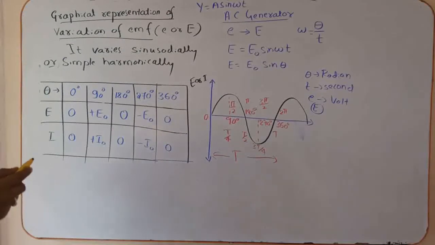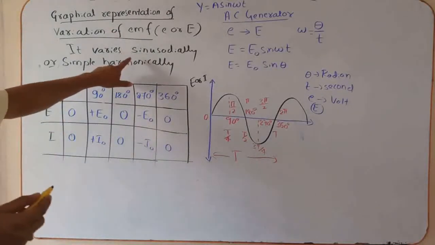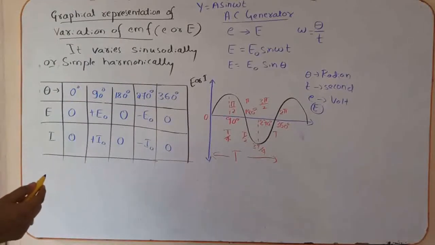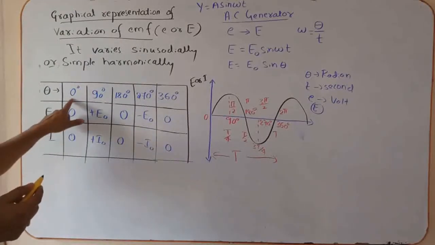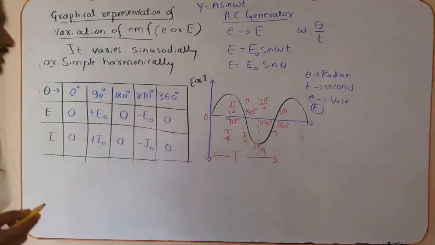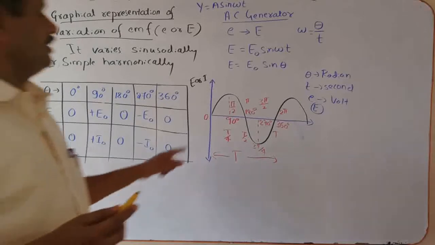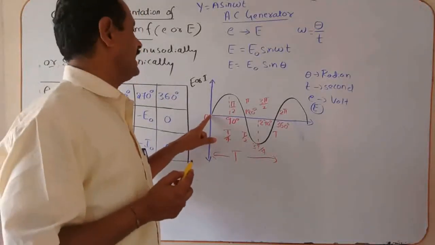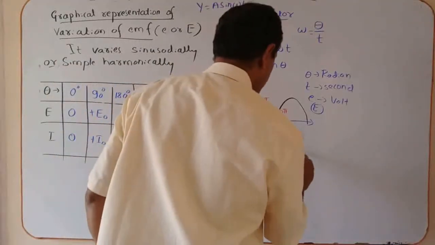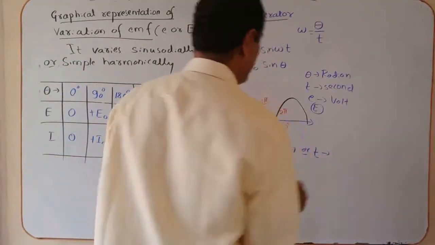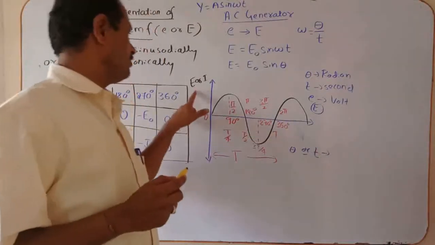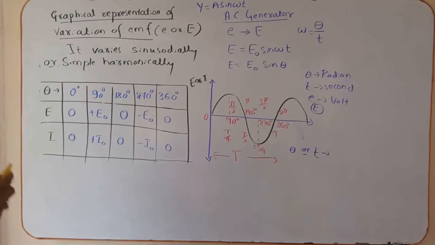Now how does it vary sinusoidally or simple harmonically? The graphical representation is for different angles: 0, 90, 180, 270 and 360 degrees. You draw the graph of the EMF or current along the y-axis, and time, or theta, the angle of rotation, along the x-axis. How did we get this?